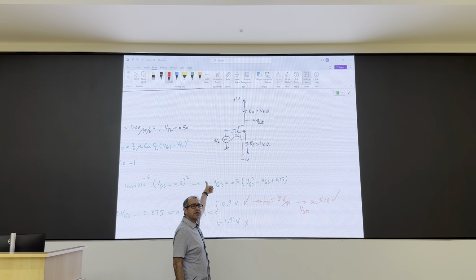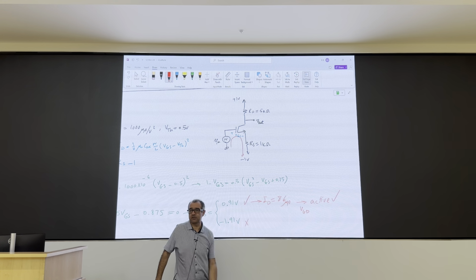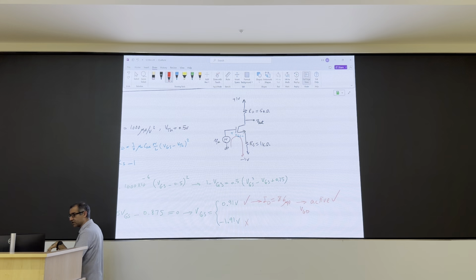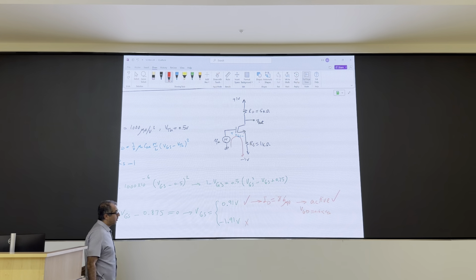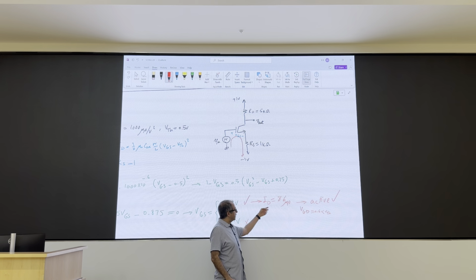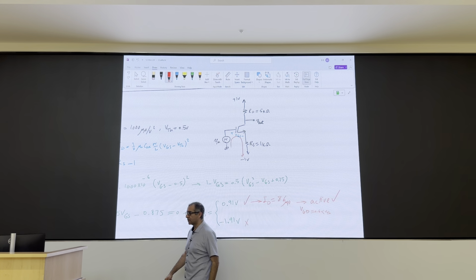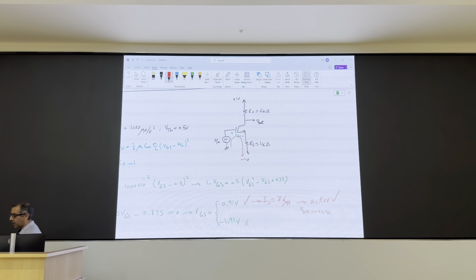Gate voltage is 0, 86 micro through 5K, it's 0.4 volts. And I have minus 0.6 volts for VGD. So this is less than VTH. Okay, so this is my current. ID is 86 micro.